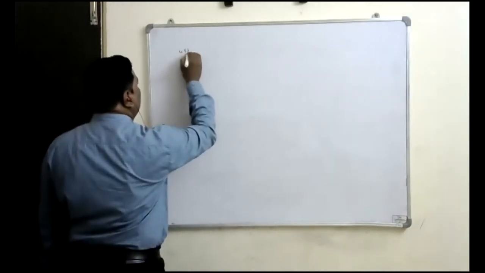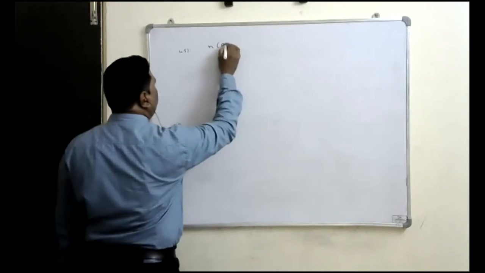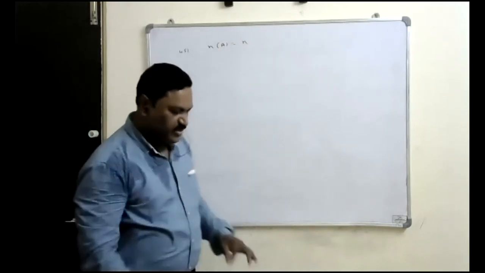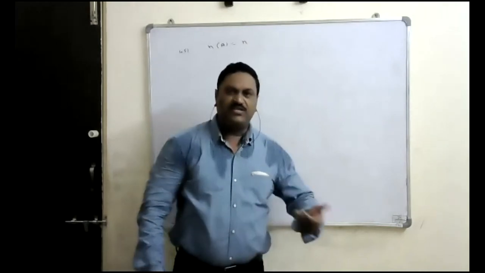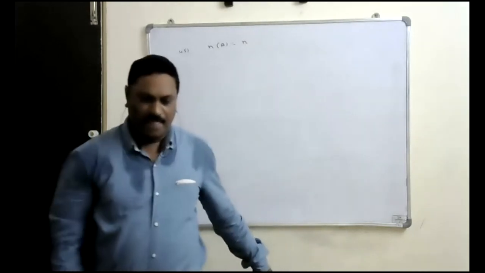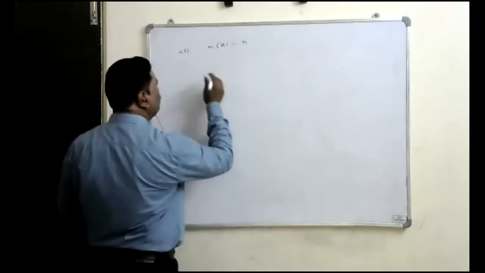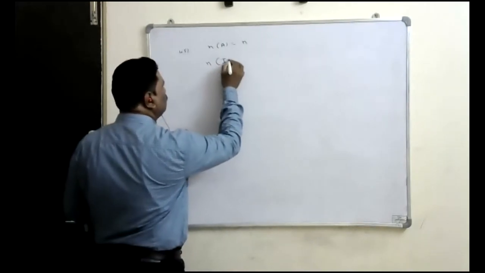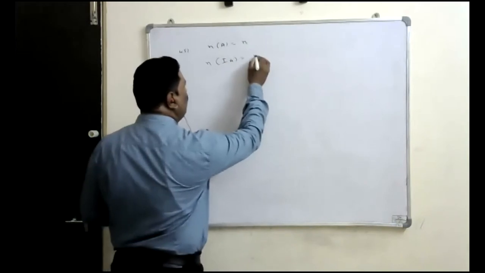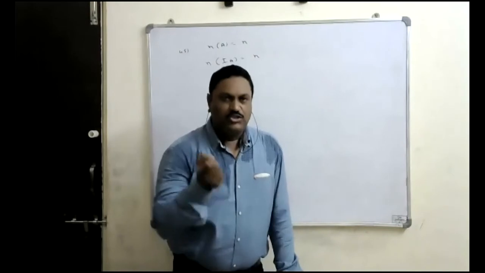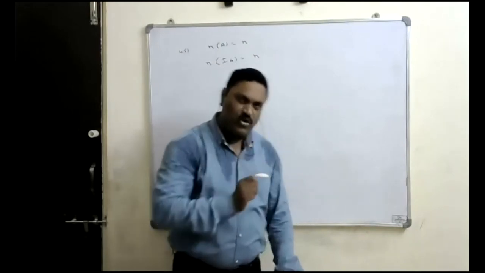Suppose the number of elements in the set A is n. Tell me how many elements will be there in the identity relation? N only, because identity relation means every element should be related to itself only.